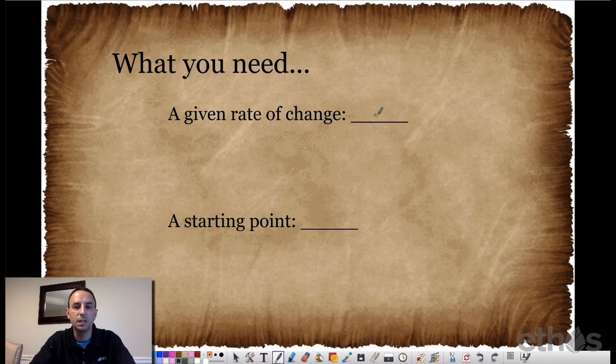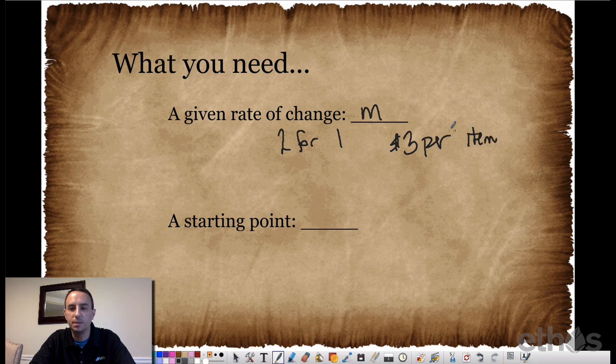We need a given rate of change, which is our m, and our rate of change is going to be written as some type of statement that connects multiplication to an item, like 2 for 1 or $3 per item. These are really key statements, and this is a really key word right here. That one typically gives you the key to what slope is.